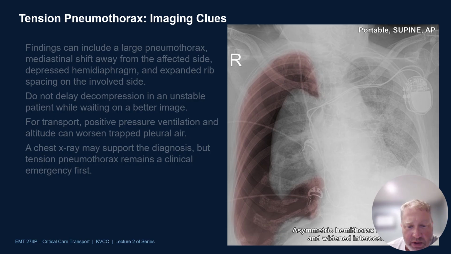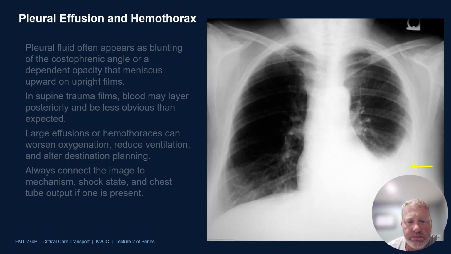The chest X-ray for a tension pneumo can support your diagnosis. It can confirm it even, but the actual emergency would be releasing that tension and air as soon as you can.